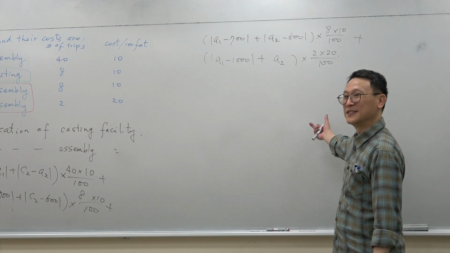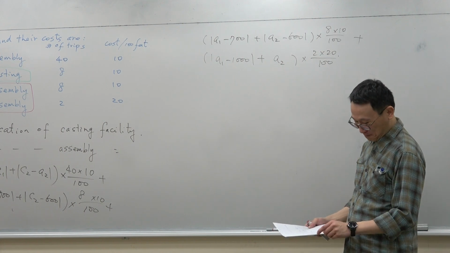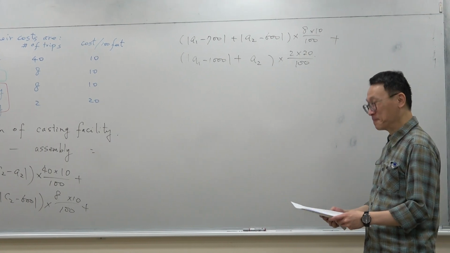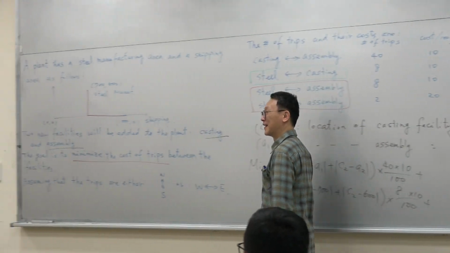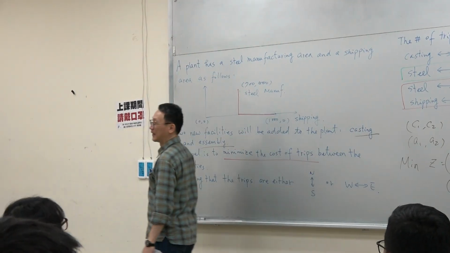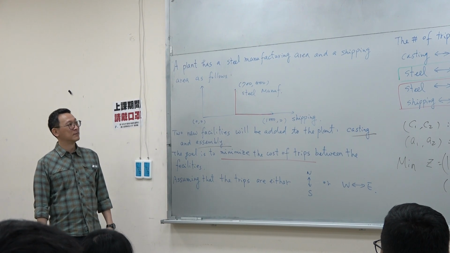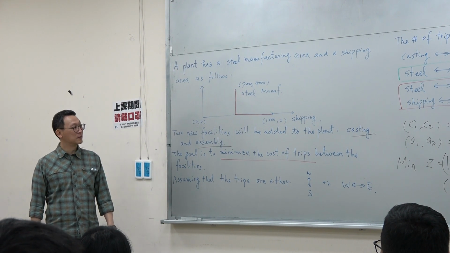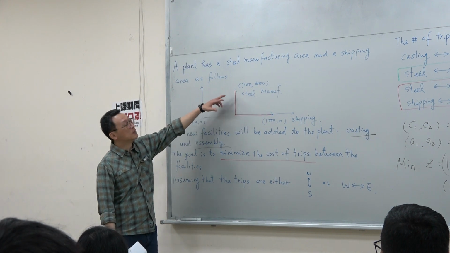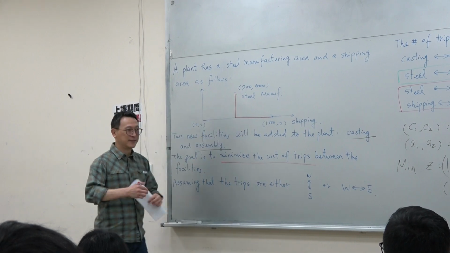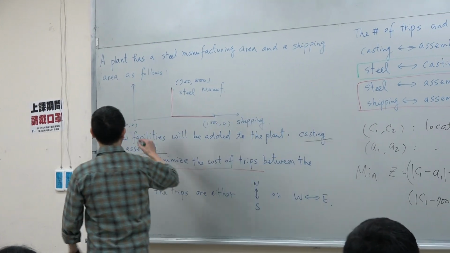Is it possible to be unbounded? Maybe C1 is lower than 100. That's what we expect. Probably this should be in this area.